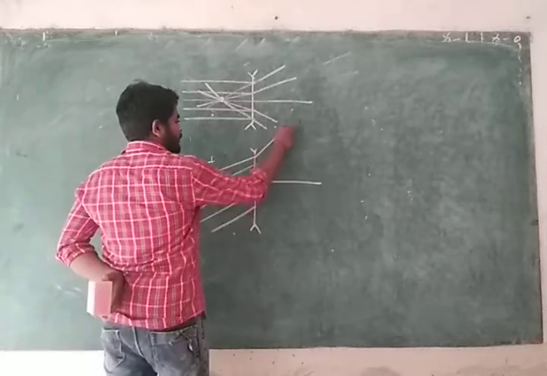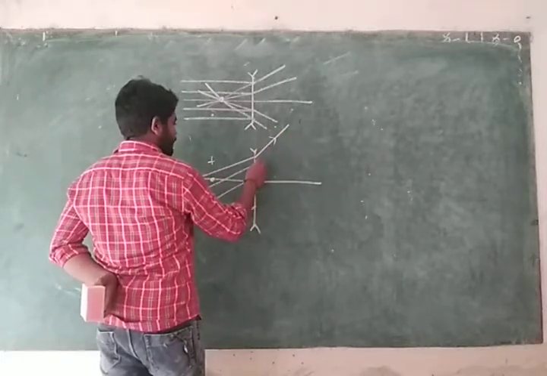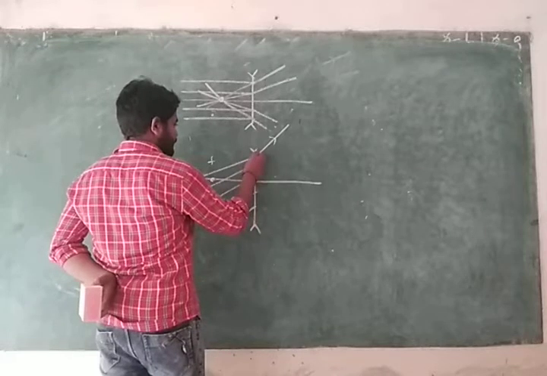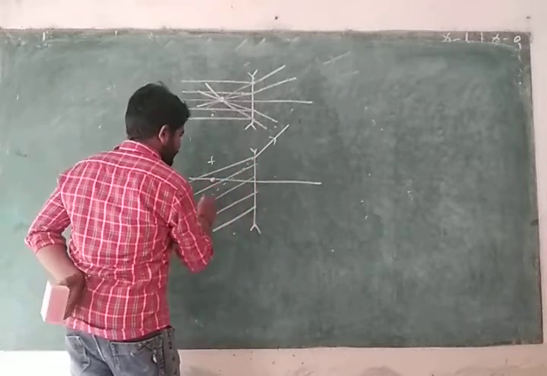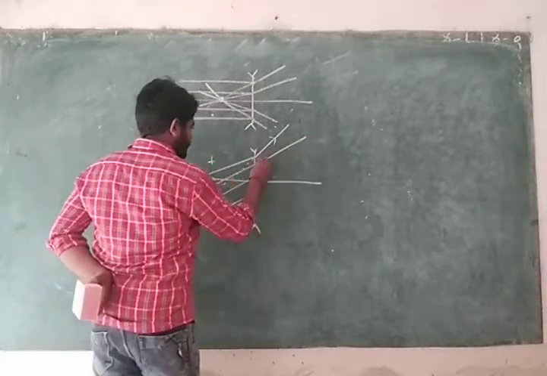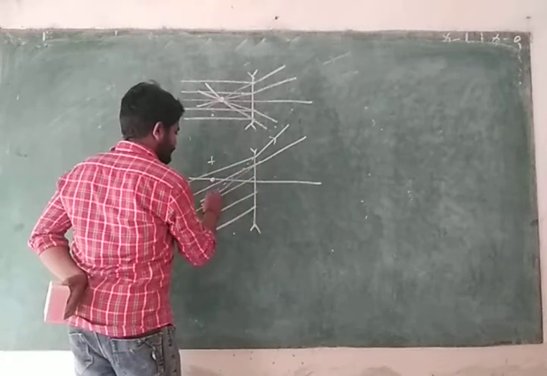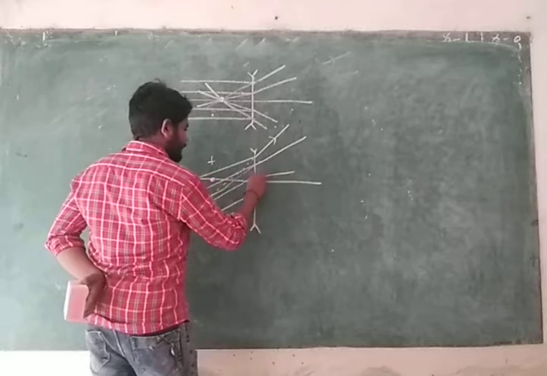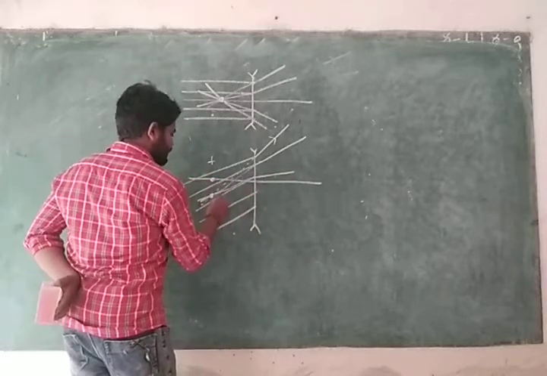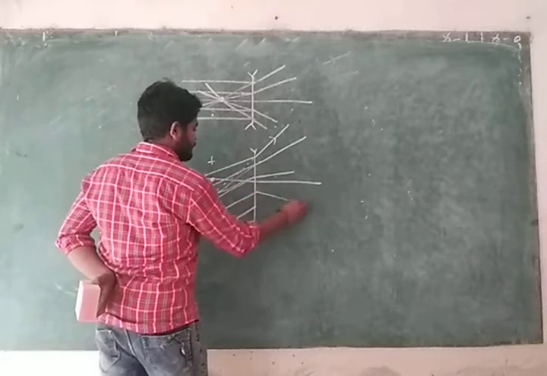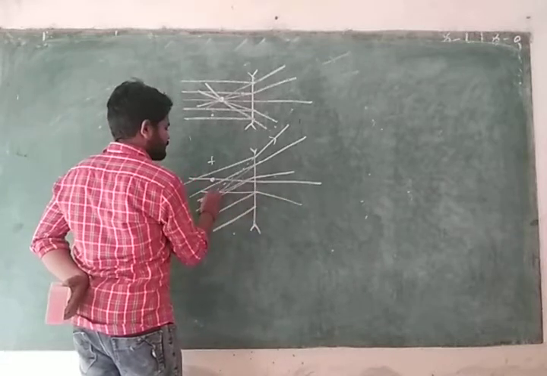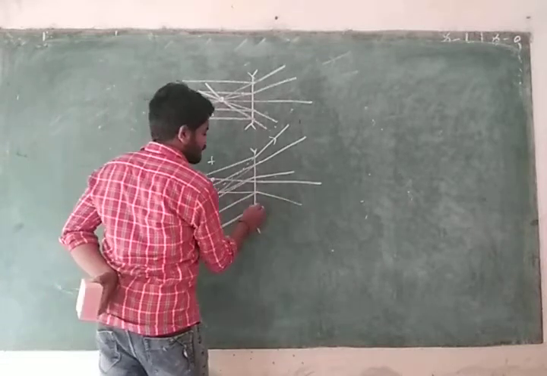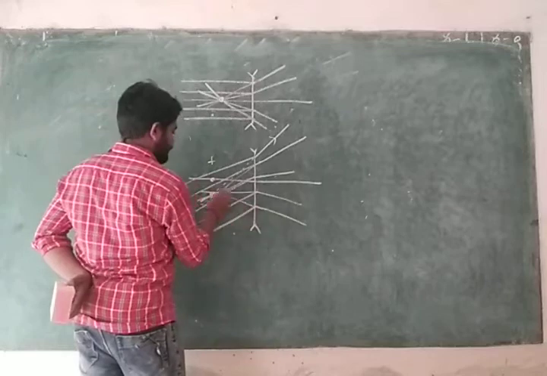Now what will happen, they will diverge. If I extend it, it comes back like this. This also will diverge. If I extend it, it comes back like this. This also will diverge, and if I extend it, it comes back like this.